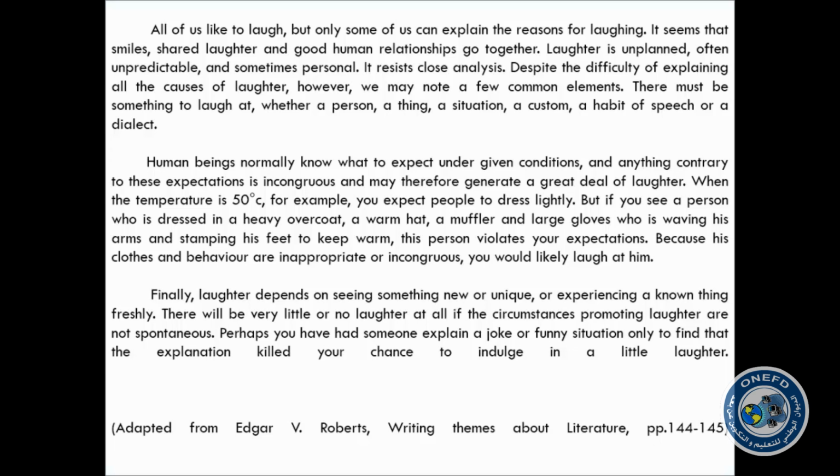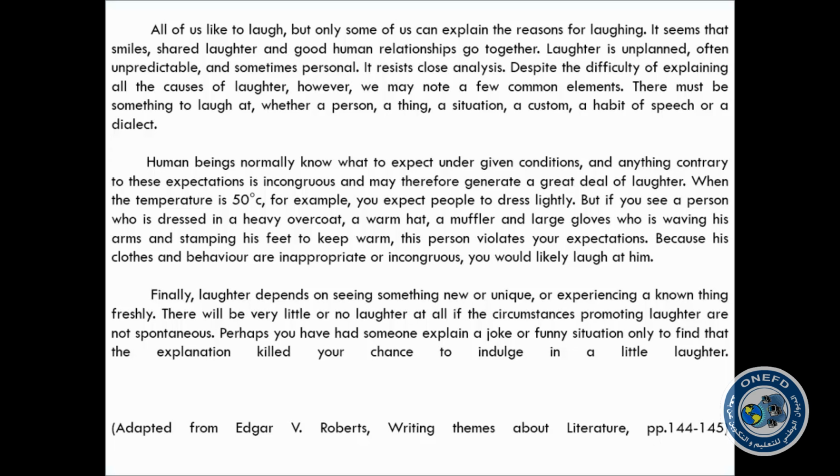The first paragraph speaks about the difficulty of explaining the causes of laughter, but even so we have causes like laughing at a person, a thing, a situation, a custom, a habit of speech, or a dialect.